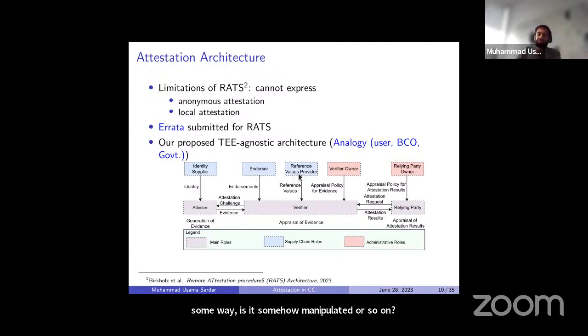And the reference values provider, think of it as your fingerprints. Sometimes the border control officer also asks you to put your fingerprints and verifies against a reference which you might have provided before, for instance, at the time of the interview, to ensure that the person standing in front of the border control officer is exactly the one that somebody else he trusts interviewed.